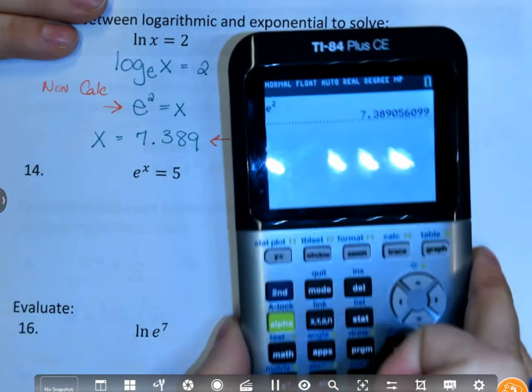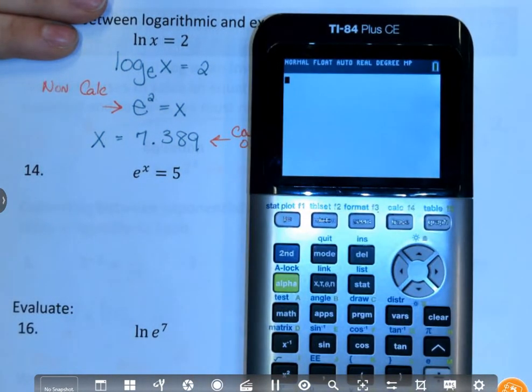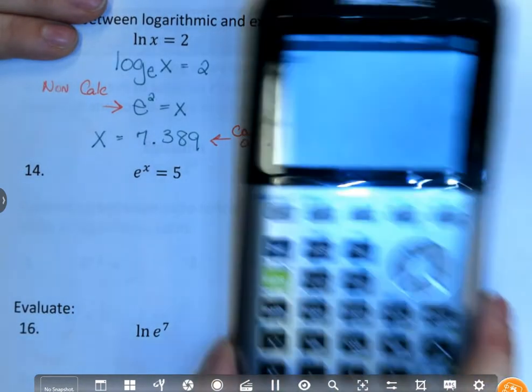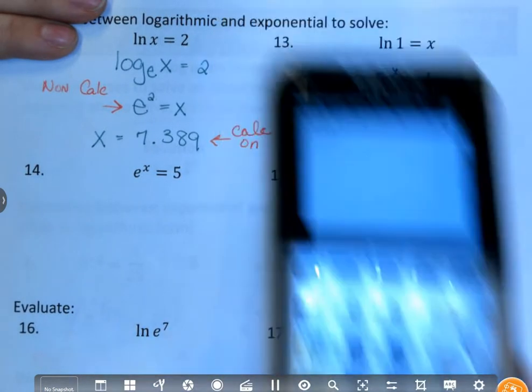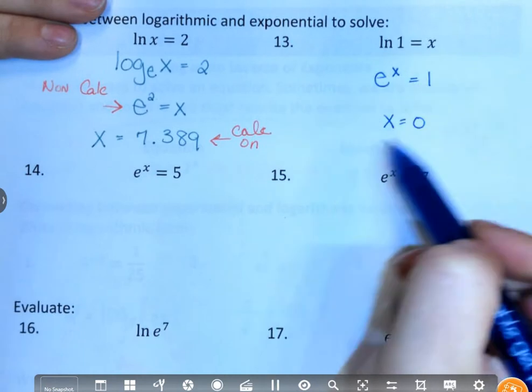And by the way, if I were to type into my calculator ln of 1, I get 0. Okay? Do it with or without a calculator with something like this.